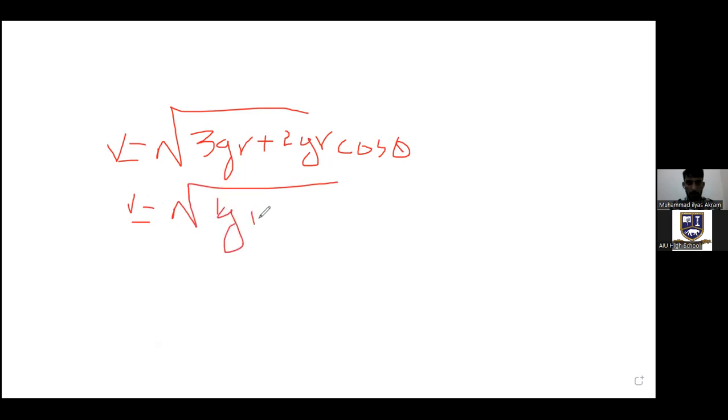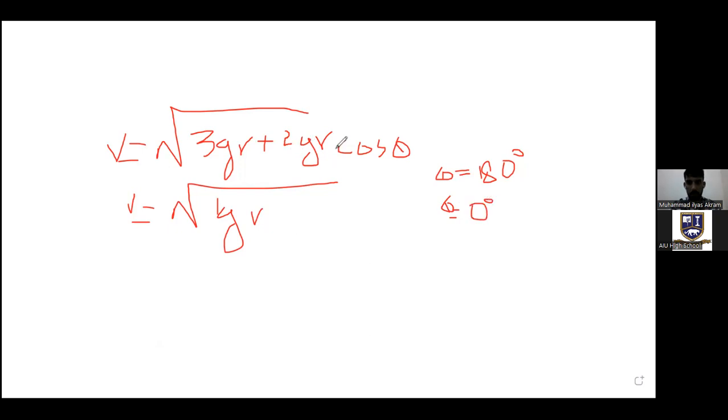So 3gr minus 2gr equal to 1gr, and that is if theta equal to 180 degree, and it means that both the tension and the weight are in the opposite direction. And if the weight and tension both are in the same direction, the theta will be equal to 0 degree.